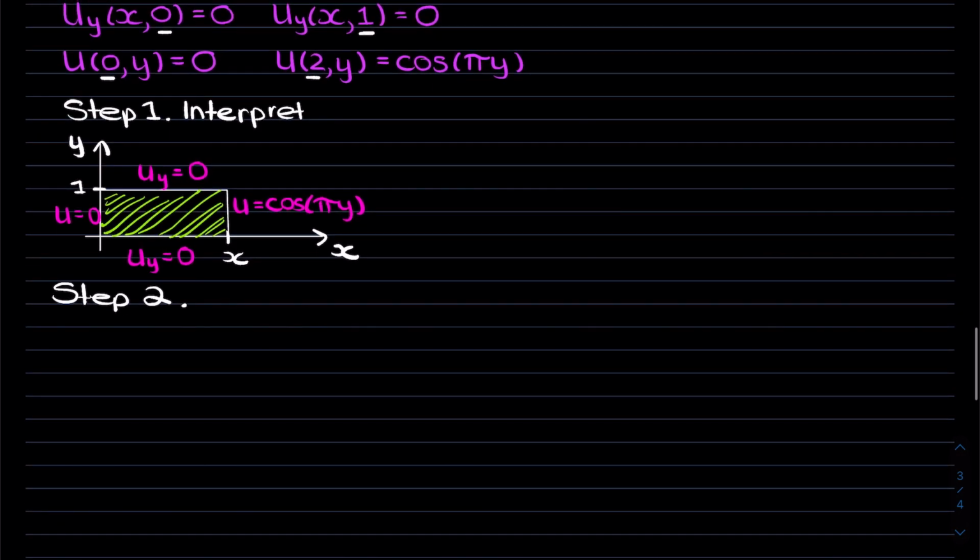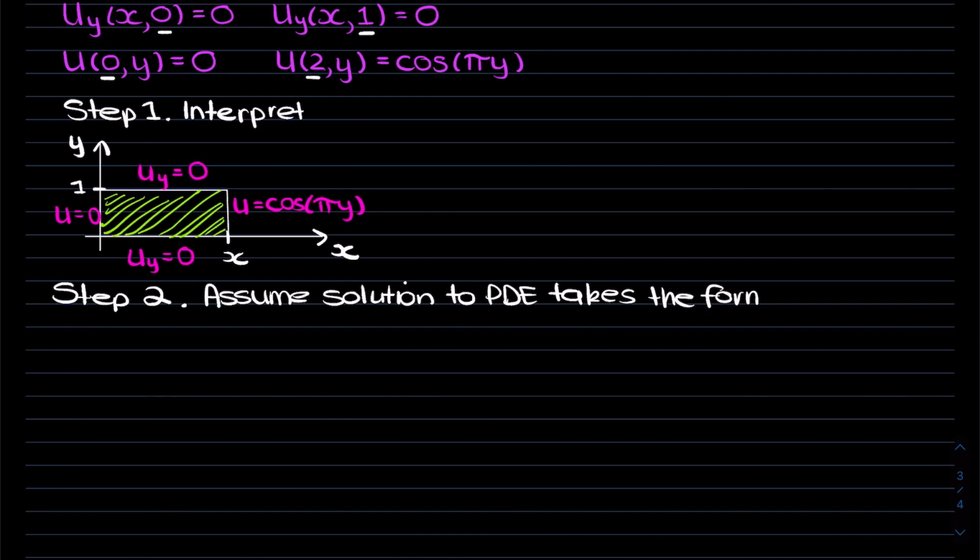We can assume the solution to the PDE takes the form of u of little x little y equals big X of little x big Y of little y.